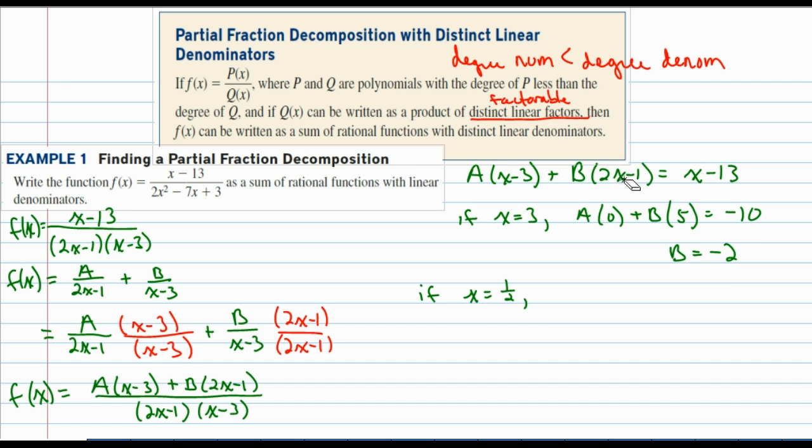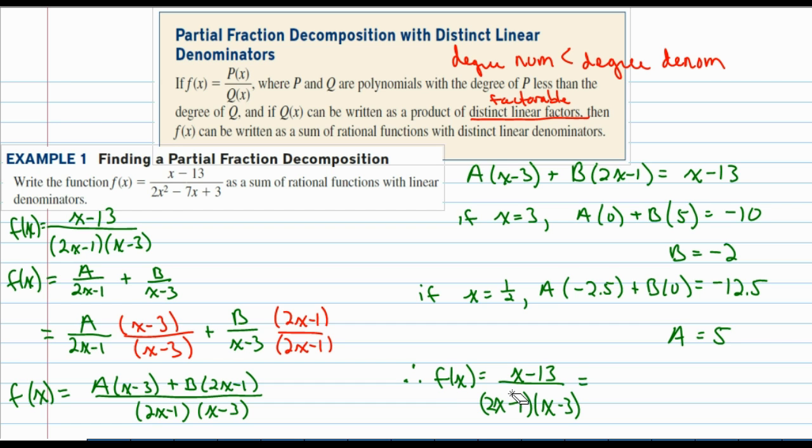That's right, I picked 1/2 because that makes the other binomial 0. Then a would be multiplied by negative 2.5, b would be multiplied by 0, and their sum would equal negative 12.5 this time, which means a would equal 5. So now I've solved for b and a using specific values of x, and I get that f of x equals x minus 13 over my trinomial.